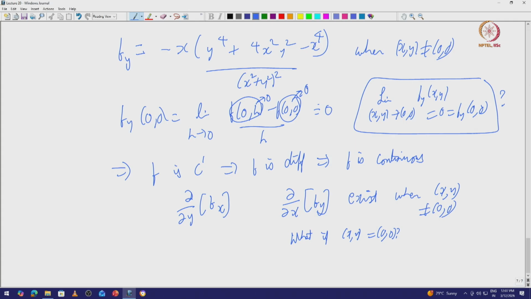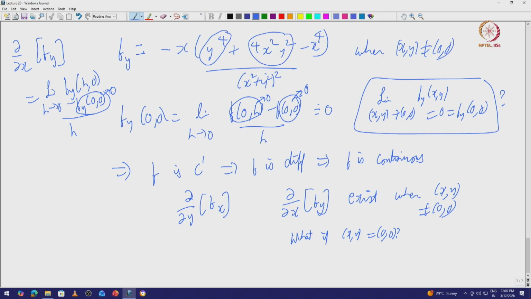What if you want to compute d by dx of fy? This is the limit as h goes to 0 of fy of (h, 0) minus fy of (0, 0) divided by h. This we have agreed is 0. What happens when y is 0 here? This term goes away, this term goes away, and so does this term. So, what are you left with?